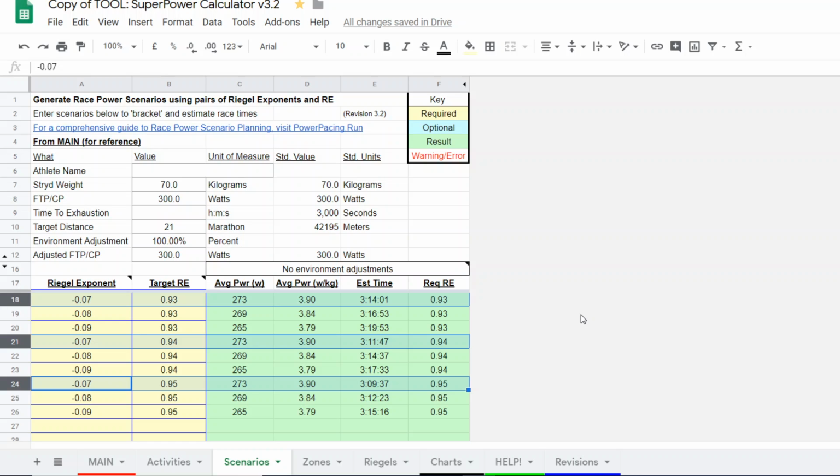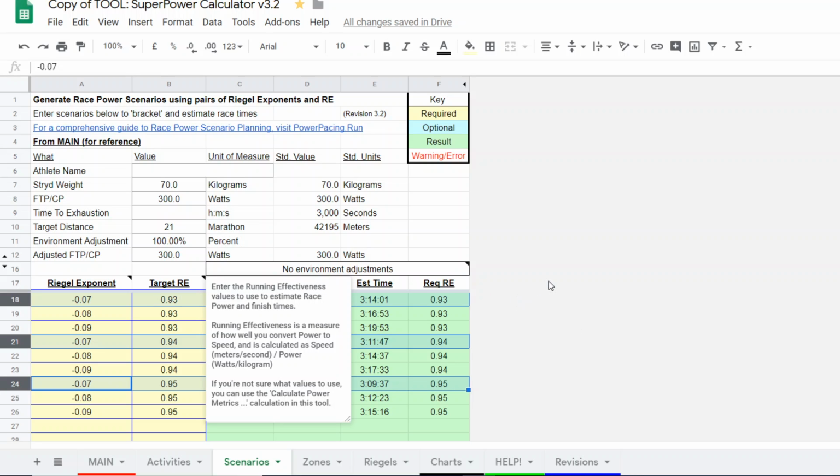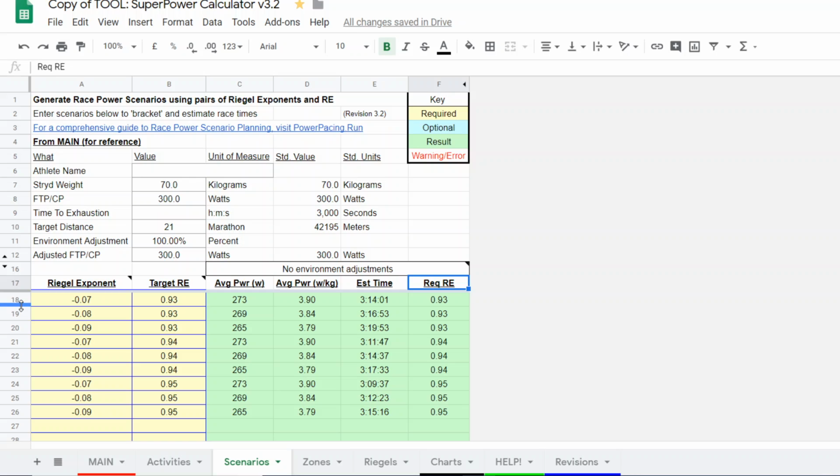And as a generalization, running effectiveness has a very small impact on your target power. Riegel exponent, more dramatic. So that's why it's important to pick the right ones to bracket. Running effectiveness, again, has an important bearing on what the possible outcome time will be.